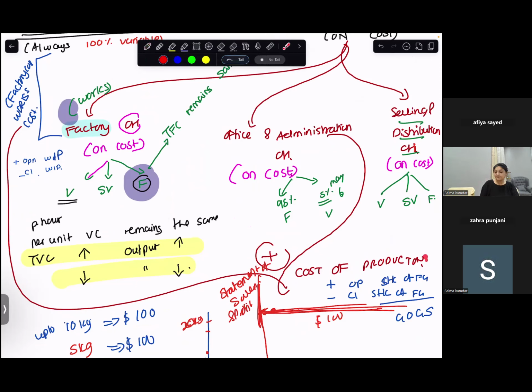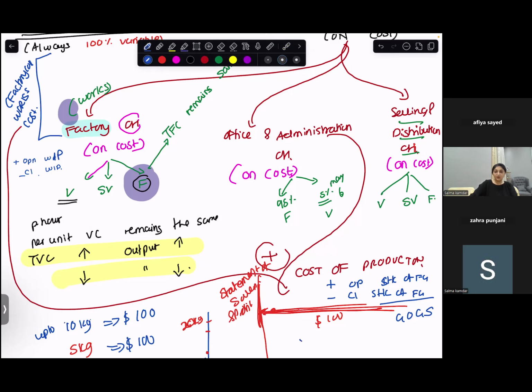Okay. Now cost of production, add opening stock of finished goods, less closing stock of finished goods, is going to give you what? Cost of goods sold.